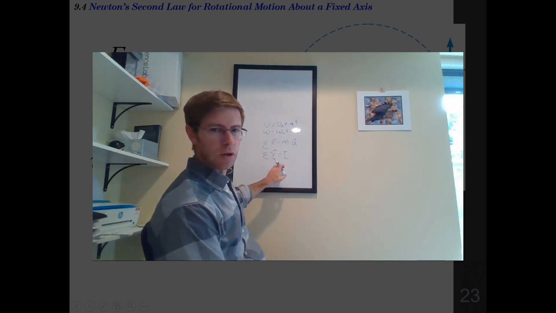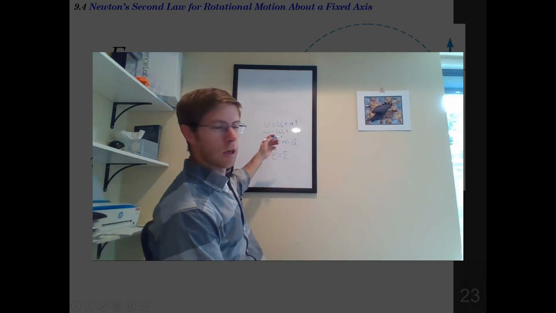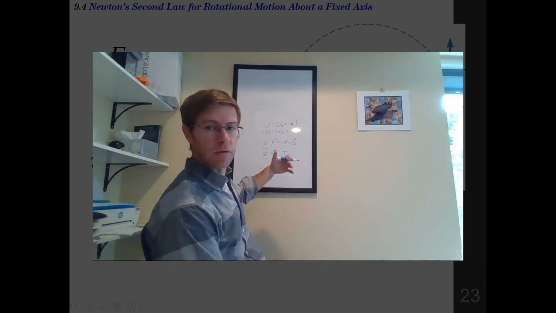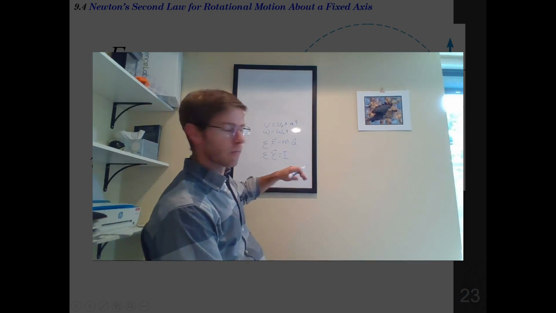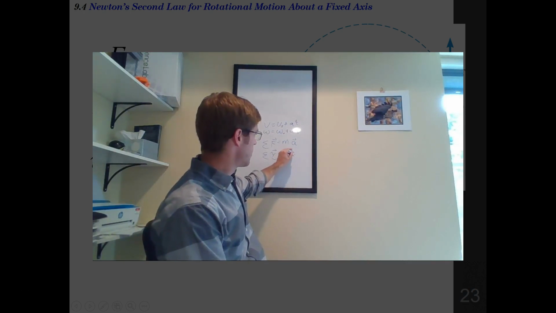So I represents inertia. Mass is sort of equivalent to the amount of inertia something has for linear motion. I is the inertia when trying to rotate it, okay? And then multiplied by alpha.